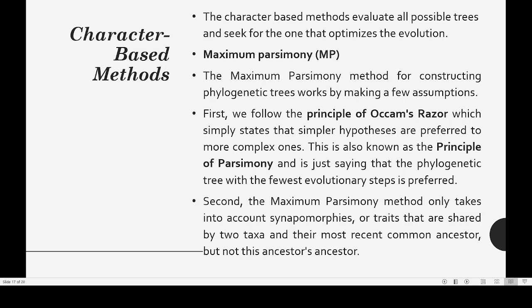That is, if you prepare a tree with a lot of branches and another tree with fewer branches, nature will always prefer the tree with fewer branches. That principle is the principle of parsimony.